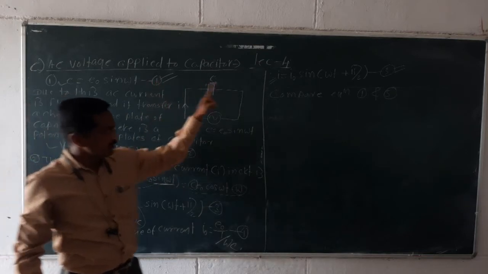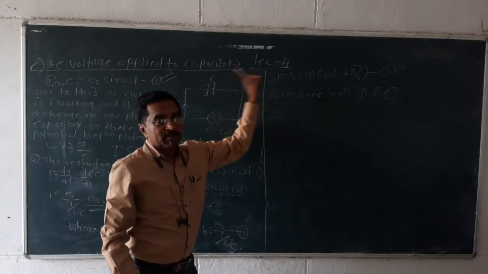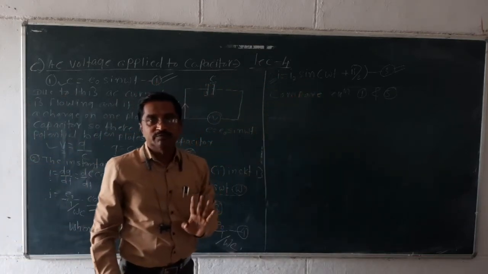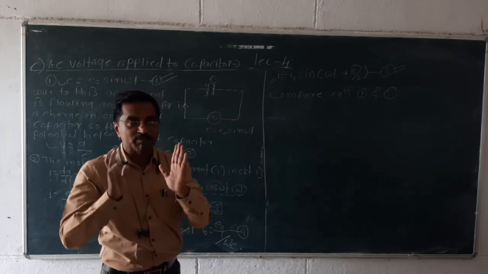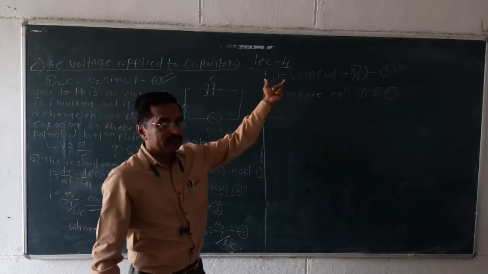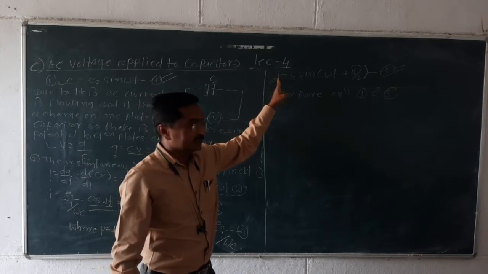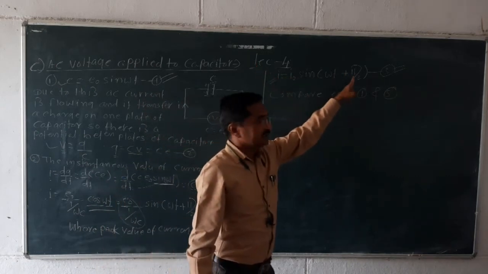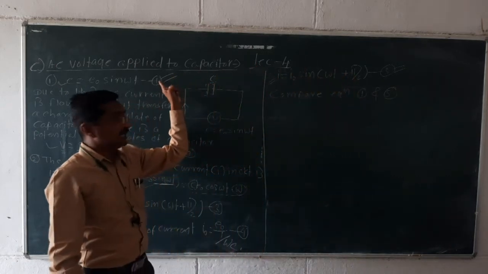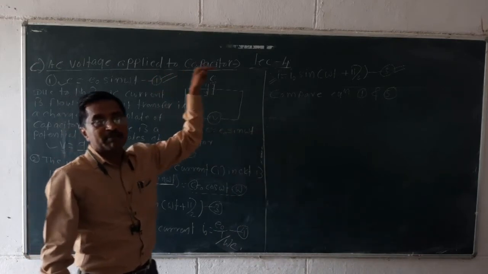What is the relation between these two? By comparing the equation 1 and 5, we find that in case of capacitor AC circuit, the alternating current leads the alternating voltage by pi by 2.